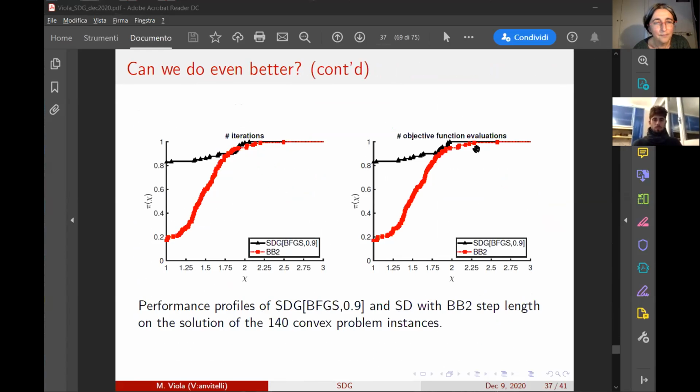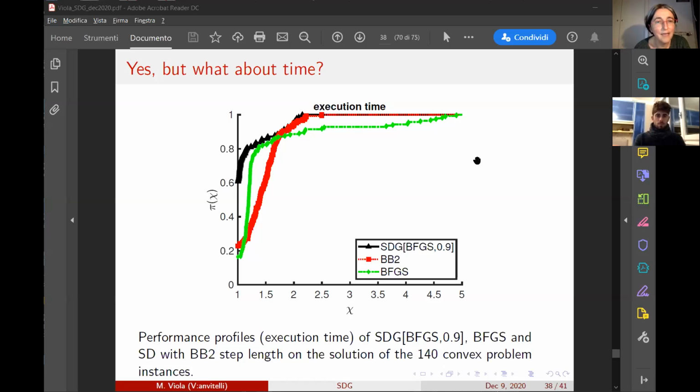This is in terms of execution time. And you perform better than the Barzilai-Borwein method. This is the gradient with Barzilai-Borwein two-step. And here you use 0.9.